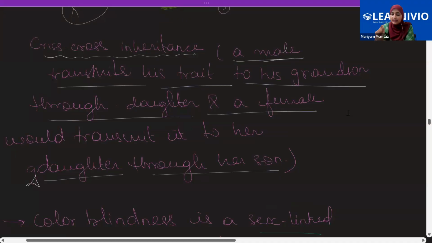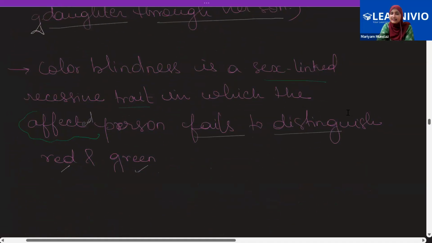Now, color blindness is a sex-linked recessive trait in which the affected person fails to distinguish between the colors red and green. They can't clearly make out which one is red, which one is green. Clear?